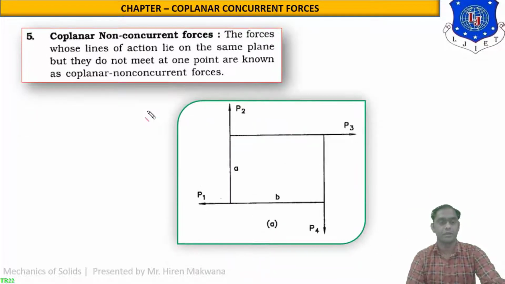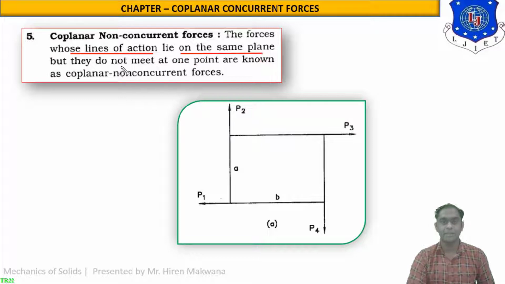Number 5. Coplanar non-concurrent forces. It means the plane will be same, but the forces are not intersecting at a common point. So they are known as non-concurrent forces. You can see the definition. The forces whose lines of action lie on the same plane, but they do not meet at one point are known as coplanar non-concurrent forces.